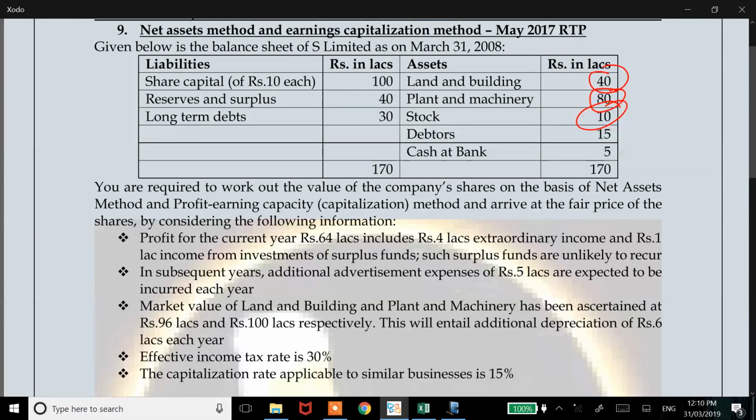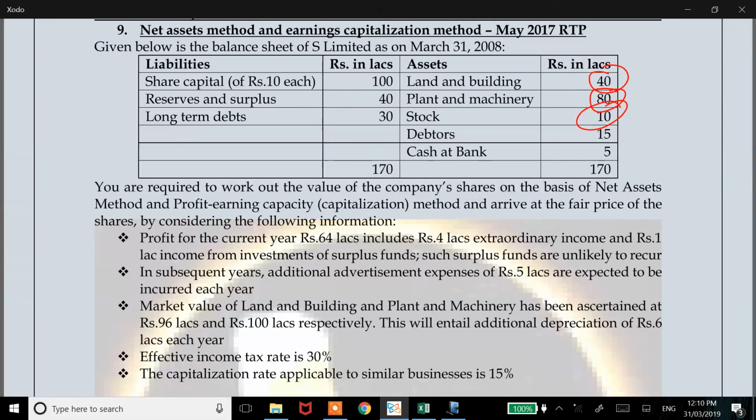The values will undergo a change if I have extra data. All assets minus current liabilities is the value of the business. In that value of the business or value of the firm, if you deduct debt, you will get the value of equity. So all assets minus current liabilities will give you something called capital employed, or technically called value of firm. From there, if you deduct debt and preference, you get value of equity.